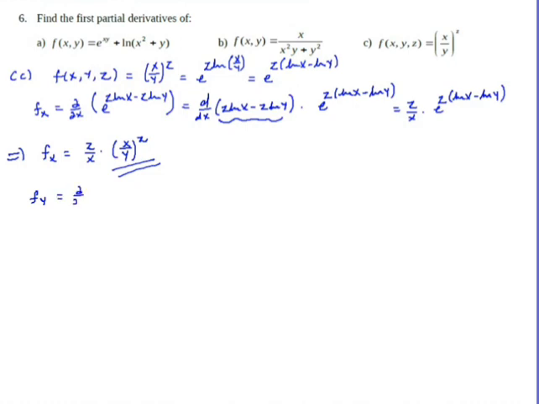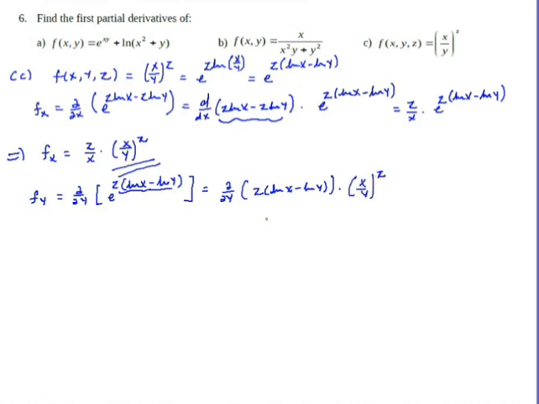So fy is the partial derivative of the function with respect to y. This becomes the partial derivative of e to the power of z into (ln x minus ln y), treating the others as constants, with respect to y. So we take the partial derivative of the power, that means z times (ln x minus ln y), times (x over y) the whole z.